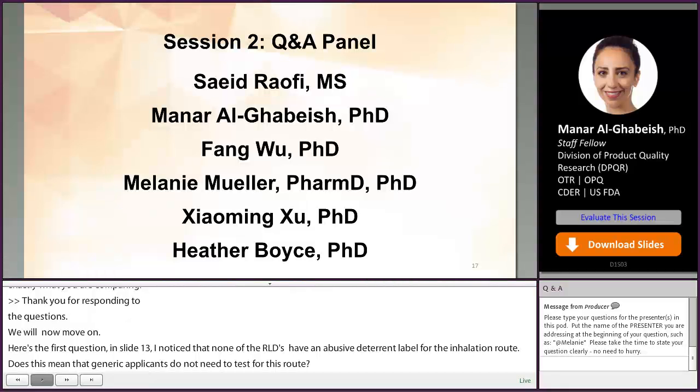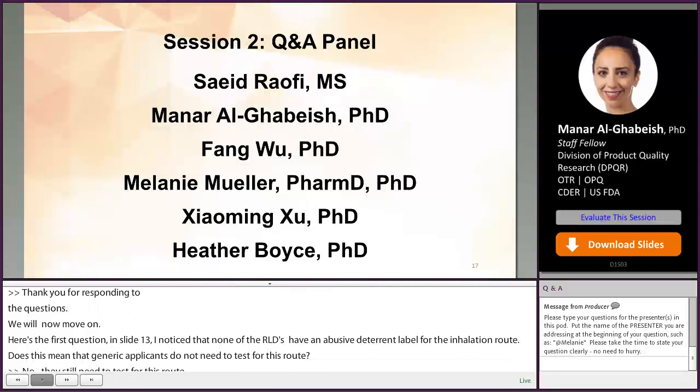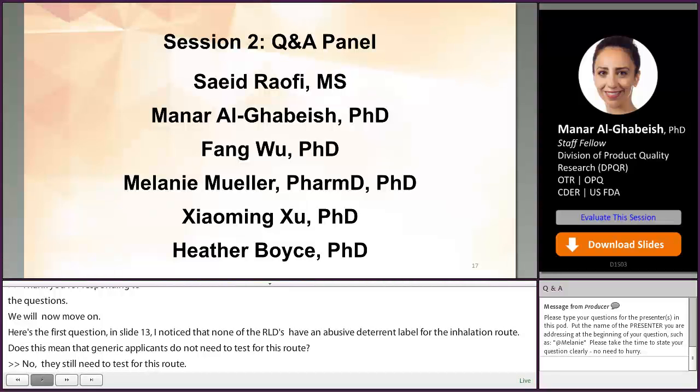As I mentioned in my talk, the generic applicant has to show that their product is no less abuse deterrent than the RLD in all routes of abuse. The generic needs to show that they will not have an additional risk than the RLD in all the routes.